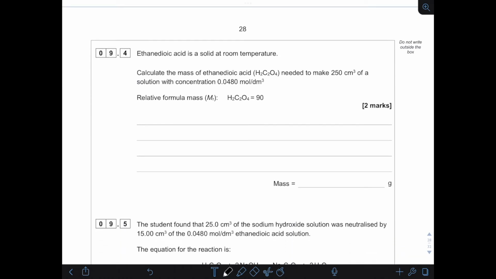Ethanedioic acid is solid. Calculate the mass to make a 250 cm cubed of a solution of that concentration. So 250 cm cubed equals 0.25 dm cubed. Oops, that's not a cube, that's C. So 0.25 dm cubed is that volume, so I need a concentration of 0.048, and I have the volume, which gives me the number of moles.